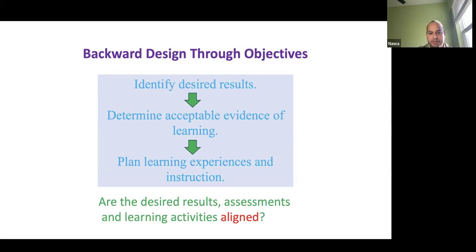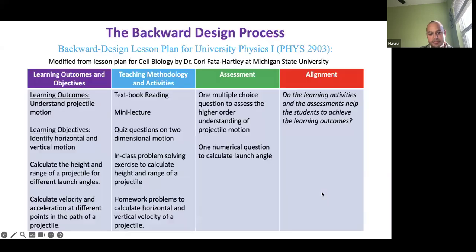So we have the objectives, the assessment, and the teaching methodology, but if they are not aligned with each other, there is a risk that the objectives will not be met. Even if we think the objectives are met, they may not be. So that is the last question we have to ask, the one that aligns everything into perspective, and that will decide if our class is back designed in a very good manner or not.